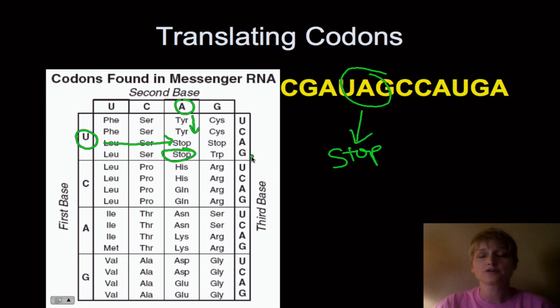So that's a stop codon. Reading this little chart right here is a lot like reading a multiplication table. So you start over on the side, you go to the top, come down, and then you'll find exactly what protein is going to be made from that strand of RNA.